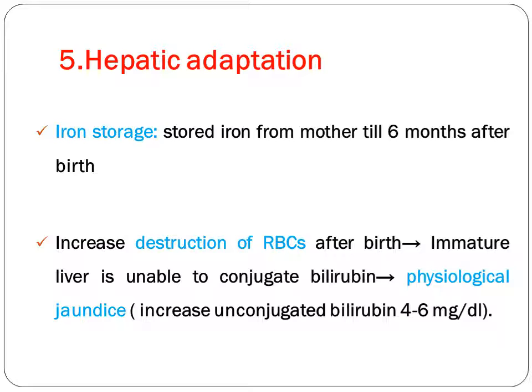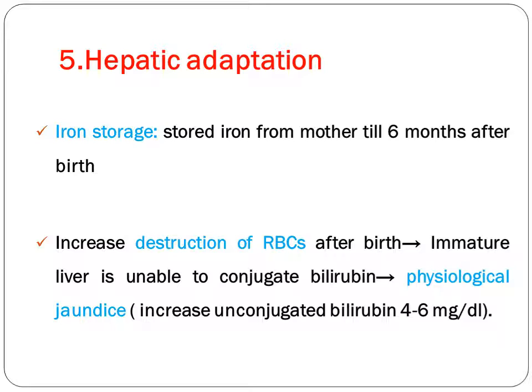Also, we notice that after birth there is an increase in the destruction of RBCs. And usually to deal with this state we need a mature liver to transform the bilirubin which is released from these destroyed RBCs to conjugated bilirubin.